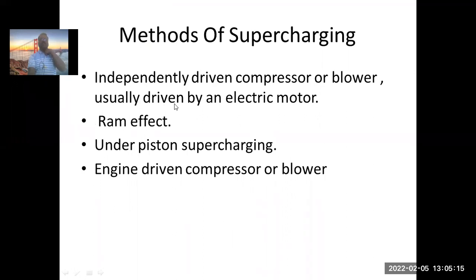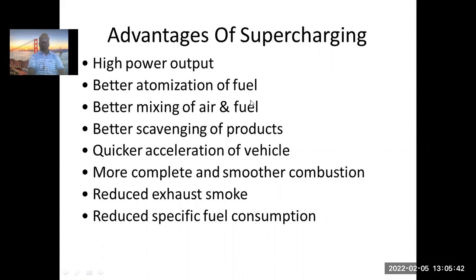Here we are using the ramming effect: as the air comes in, it gets rammed, meaning the late coming air will ram the earlier air that entered the cylinder. That is what we call the ramming effect. And here is under piston supercharging, similar to the working of a two-stroke engine. So these were the different methods.